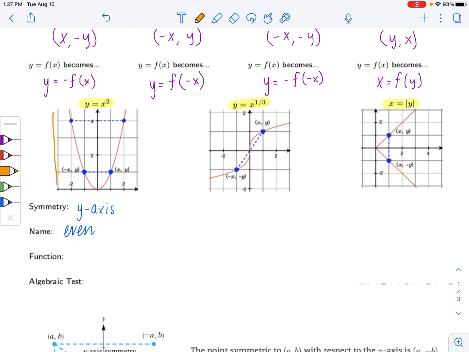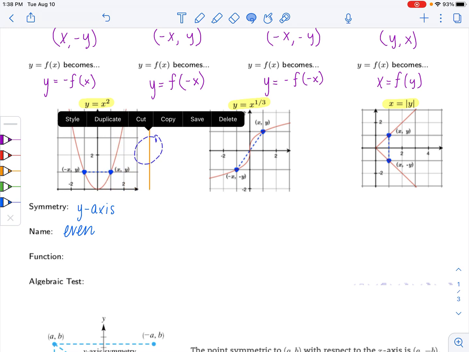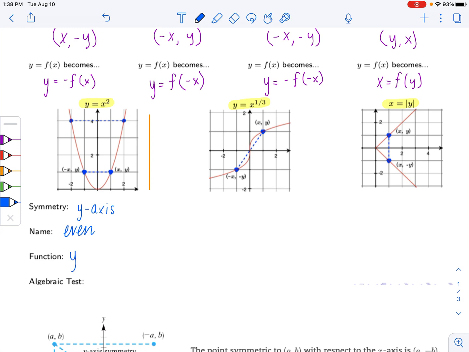A function passes the vertical line test. Nice review for us. So if I take this line here and move it through my function, I should not hit 2 values at once. Hey, I don't. So is it a function? Yes, it is. We will talk about the algebraic tests when we get to the back side.